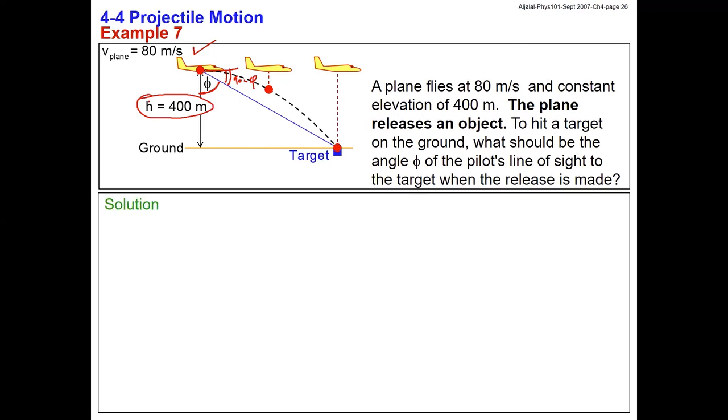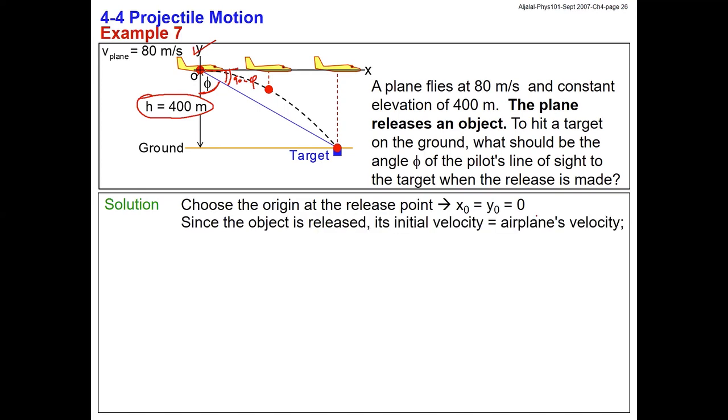The elevation. Now, I will choose my origin at the release point. So at the release point, I will take it as my origin, of course. So x0 and y0 are equal to 0, as usual. At t equals 0, I put my position at the origin. Now, of course, this is what I said earlier. Since the object is released, not thrown or ejected, the initial velocity of the object is the airplane velocity.